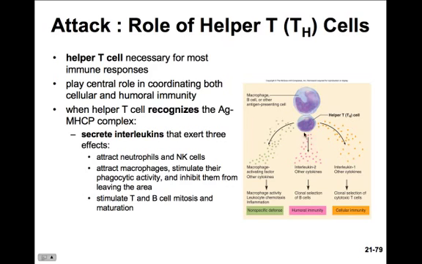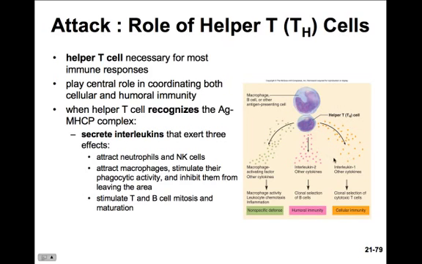We can see here that the interleukins will stimulate macrophage activity and leukocyte chemotaxis, drawing things to the site. This is non-specific defense. We'll also see that they secrete interleukins and other cytokines, which will allow clonal selection of B cells. This is humoral immunity. We'll come to that soon.